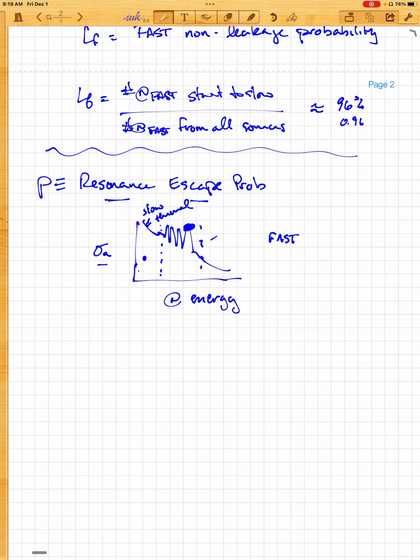If the fast neutrons take too long to slow down, they will go farther, and it will take more time in the intermediate range, and they're more likely to get resonance capture.